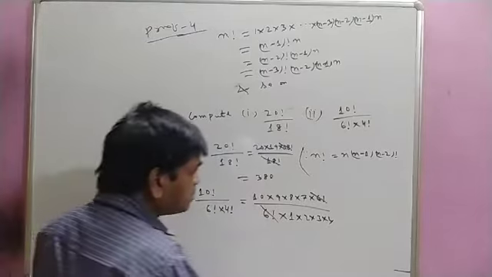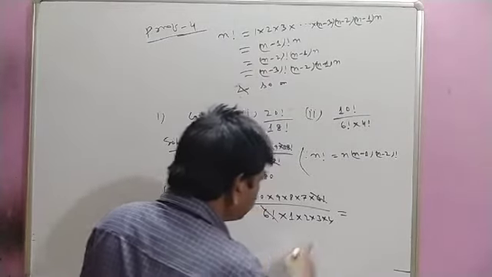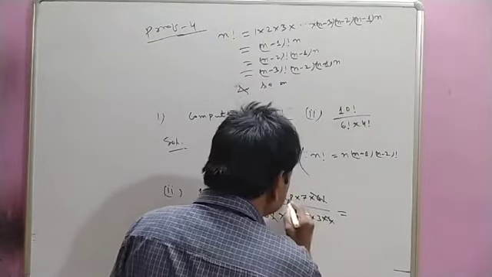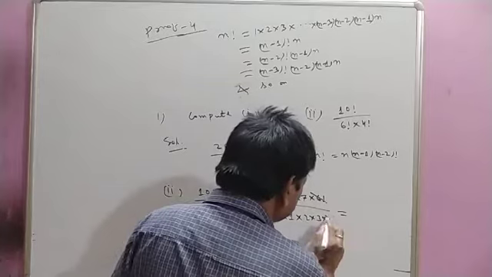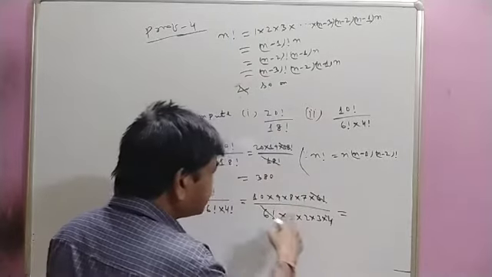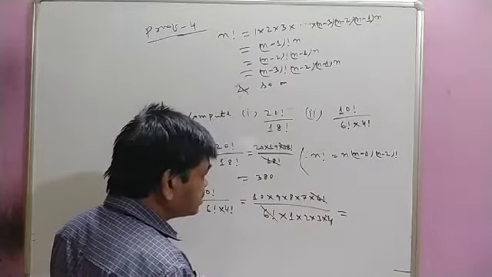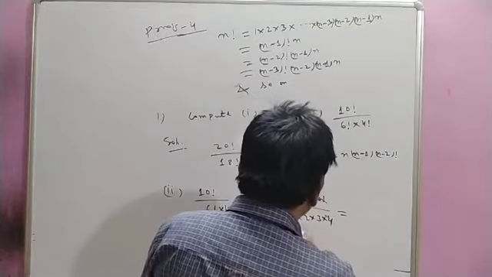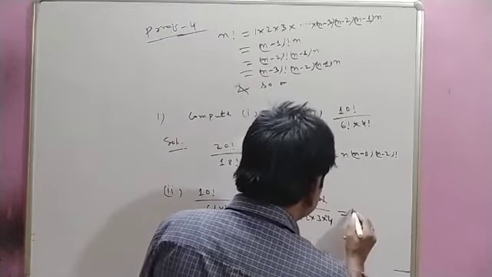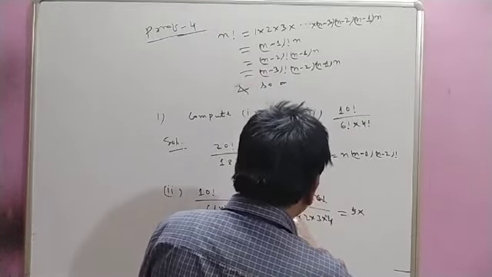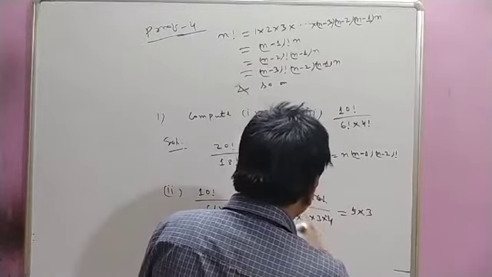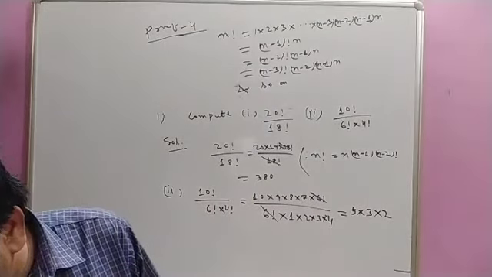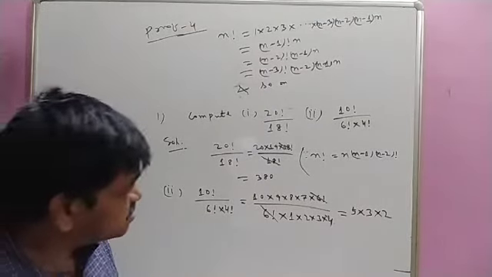Okay, so now this gets cancelled. Then you bring it to the lowest form. So finally you get 4 into 2 is 8, and 3 into 3 is 9.